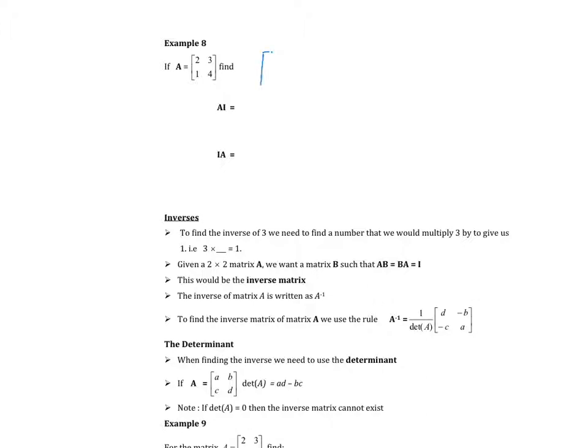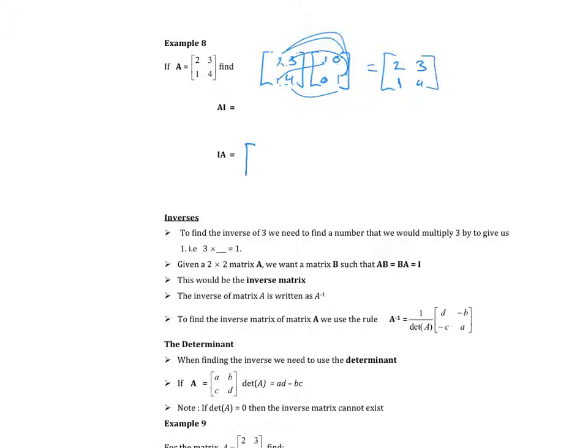So, given what we've just discussed, 2 times 1 plus 3 times 0 is 2. 2 times 0 plus 3 times 1 is 3. New row, 1 times 1 plus 4 times 0 is 1. And then 1 times 0 plus 4 times 1 is 4. So that's what I get for AI.